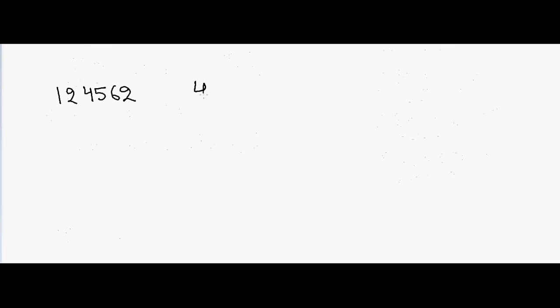In that case I have to look at the last 2 digits, and check whether they are evenly divisible by 4. So for 62, if we try to divide 62 by 4, I'll get 15 and then I have 2 left. So that is not evenly divisible by 4, and this number cannot be evenly divided by 4.